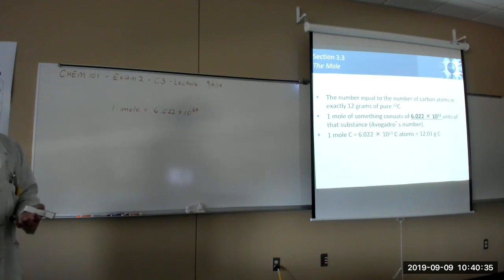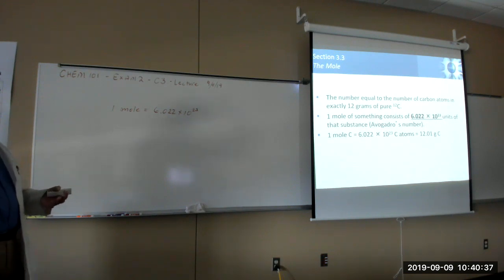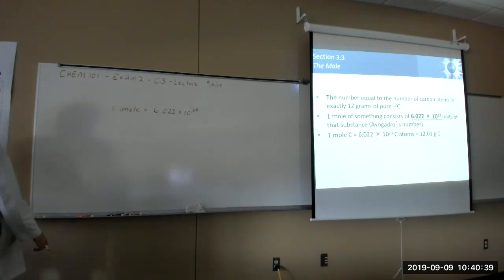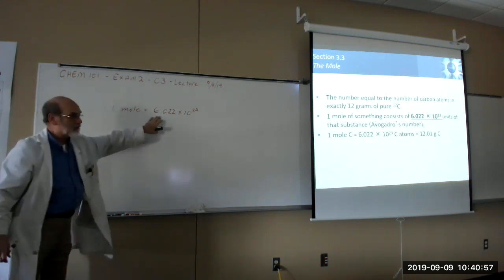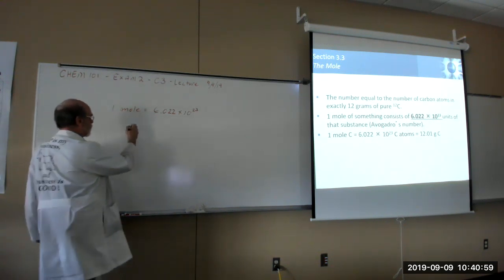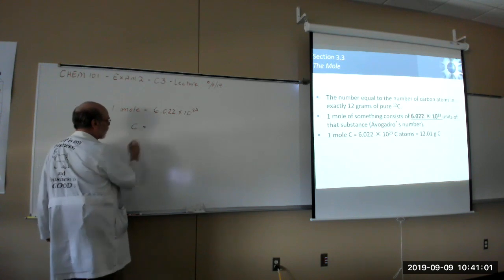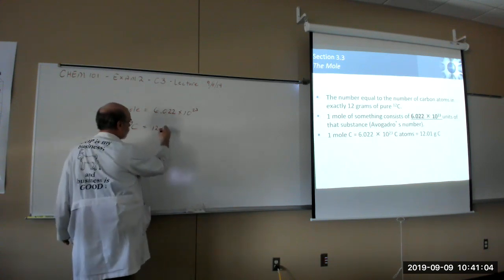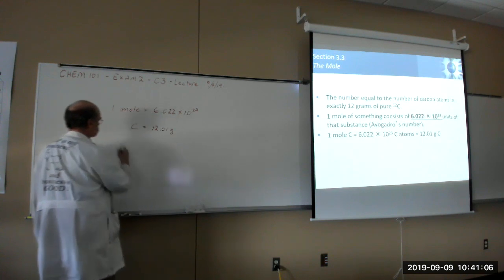Now, the nice thing about it is, we determined that the average mass of carbon in nature is 12.01 atomic mass units. If you have a mole of naturally occurring carbon atoms, so there'll be a mix of isotopes in that, that carbon will weigh 12.01 grams.